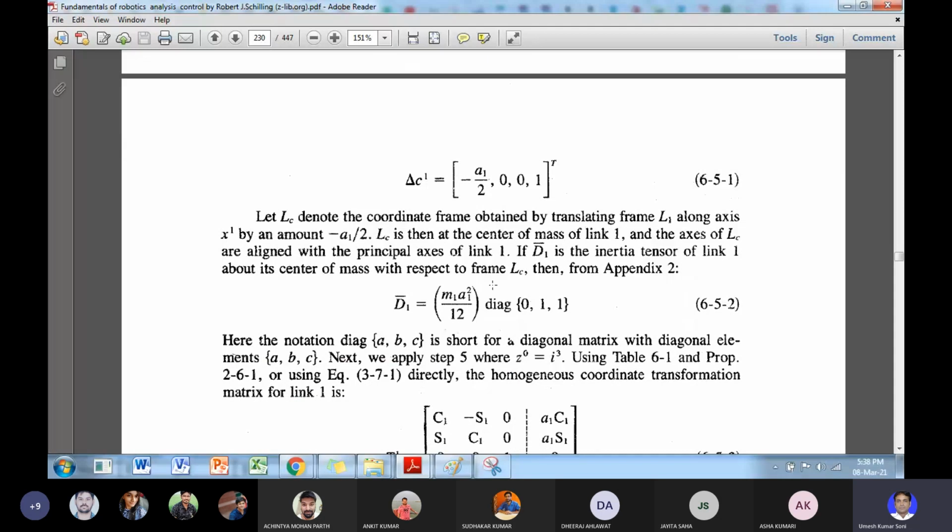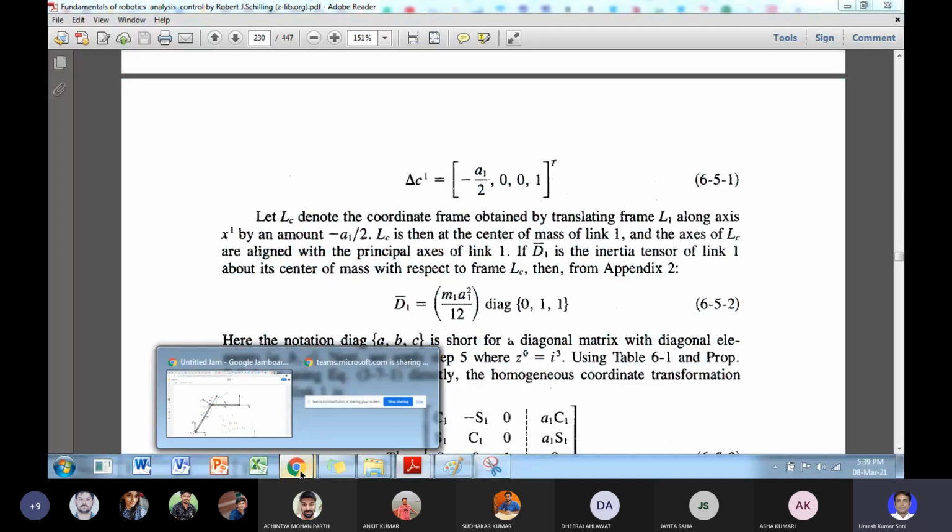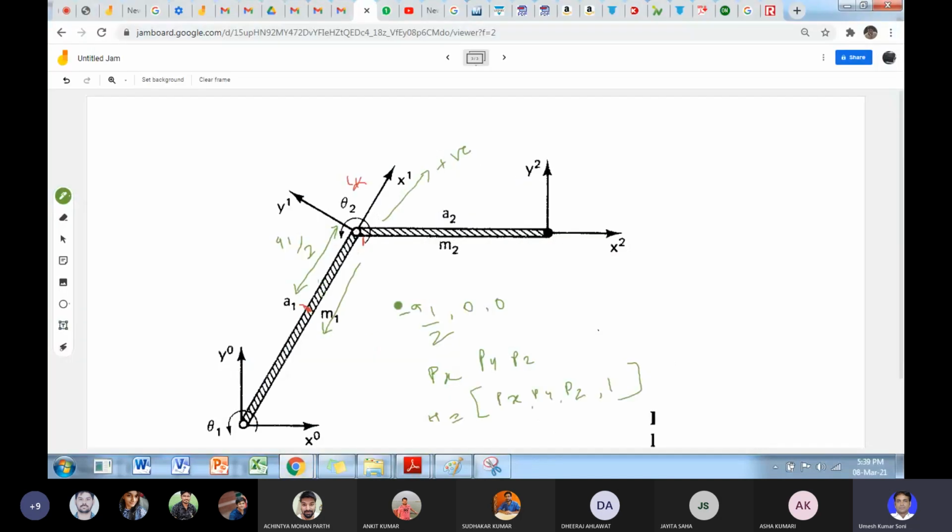Now the inertia, you come here to the inertia term. So a simple explanation for the inertia of any link here. You see here, m r square upon 12 is the simple explanation if the distance is r.